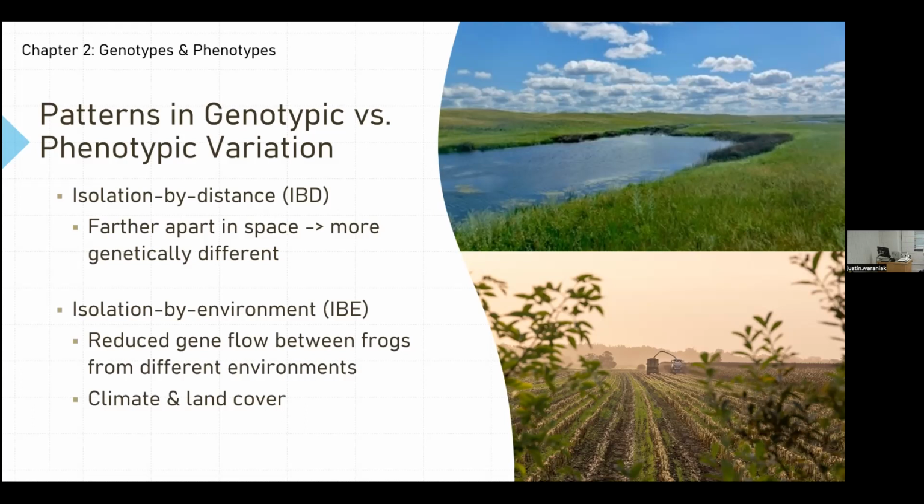So instead of how far apart things are, how different are the environments that they're found in? Does that explain how genetically or phenotypically different they are? And we'll be using those climate and land cover variables that I talked about at the beginning of this chapter. And then finally, demographic history. So this is which genetic cluster do they belong to? Which of those river basins, basically.